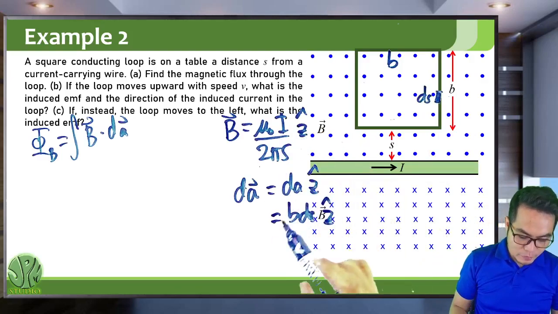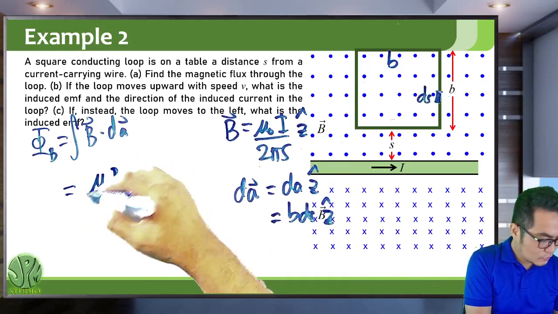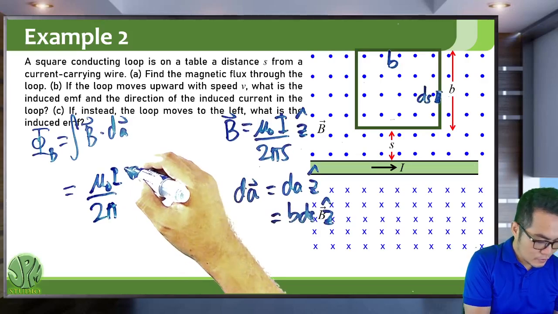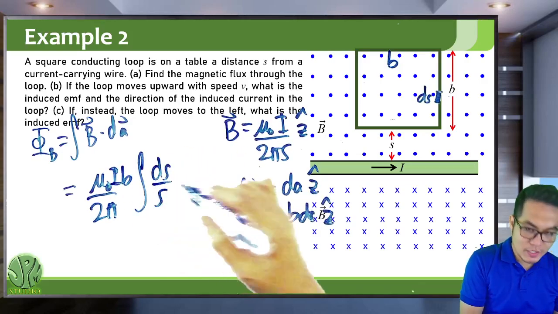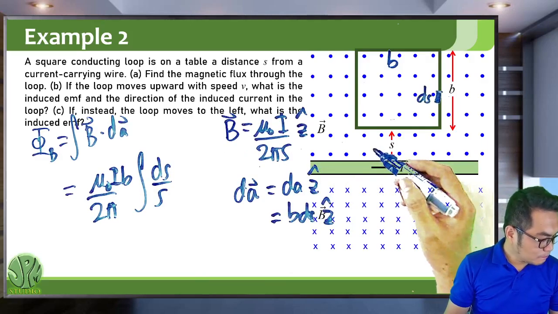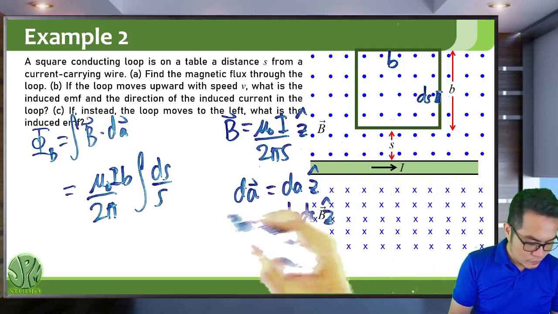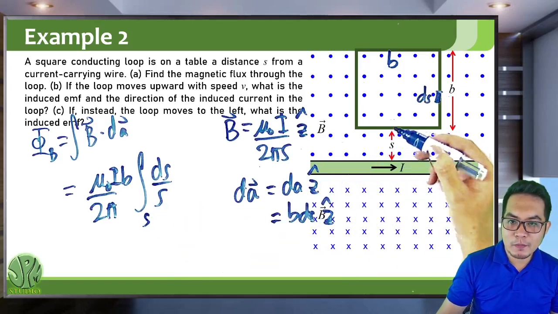So the integral of B dot dA will give you mu naught I b over 2 pi times the integral of ds over s, and we are evaluating s from this distance s to s plus b.